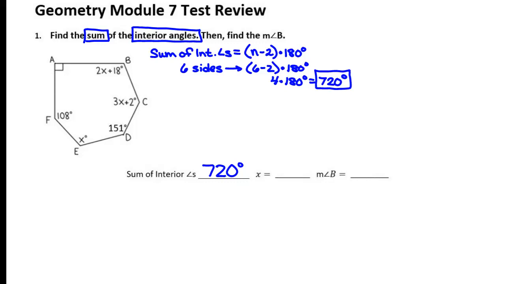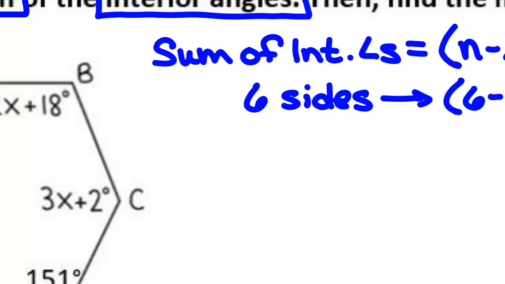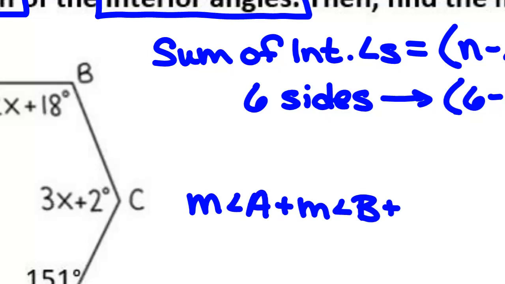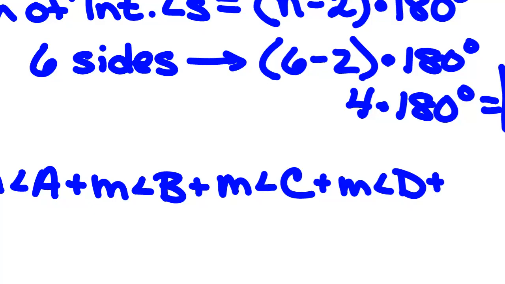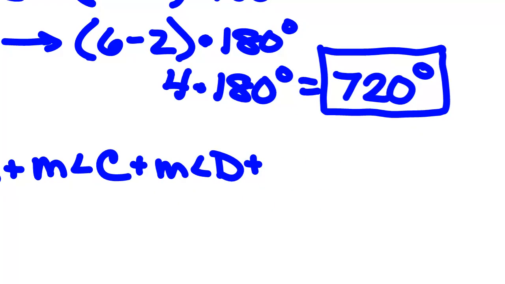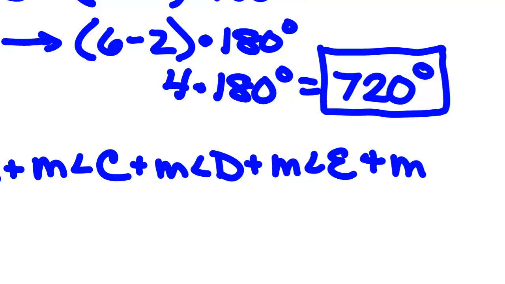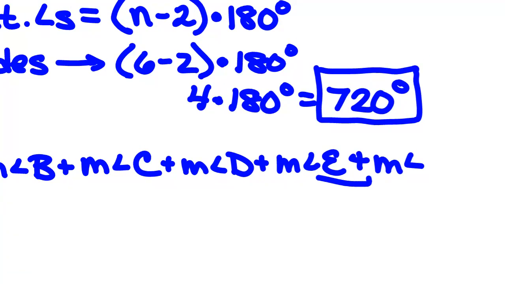And then we're going to add all of our angles together. That's what sum means. So the measure of angle A plus the measure of angle B plus the measure of angle C, angle D, and then angles E and F. And we set that equal to 720.